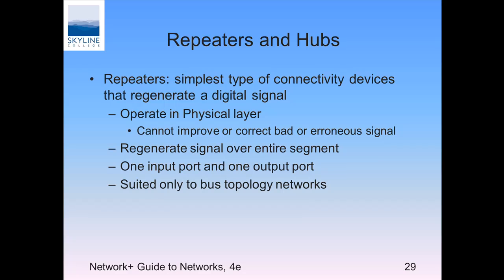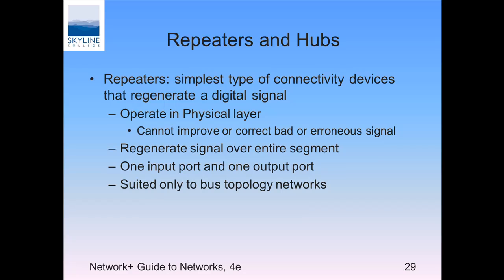It cannot improve or correct a bad or erroneous signal. That means there's no checksum, none of those other things that we had, so that we could run the same algorithm and see if we got the same results, see if the information was damaged en route. It regenerates the signal over the entire segment. And we really do want regeneration. We don't want amplification, we want regeneration.